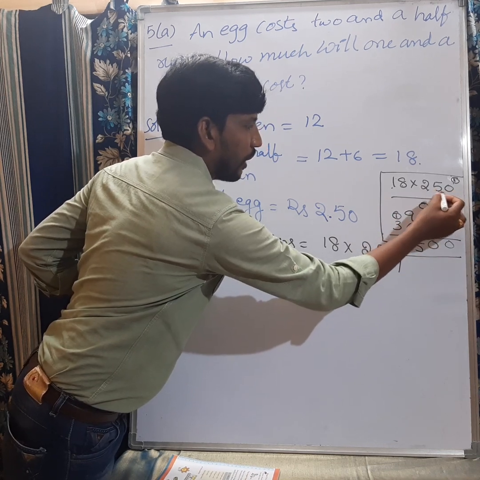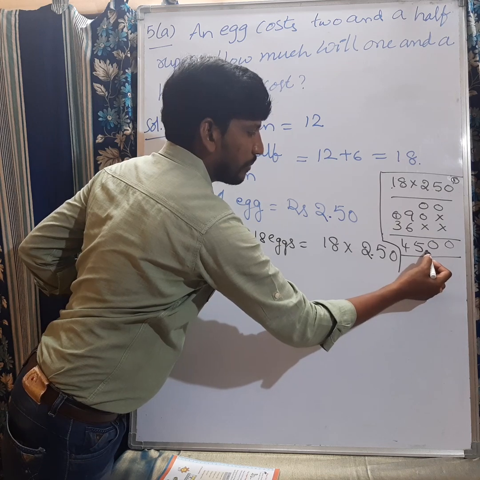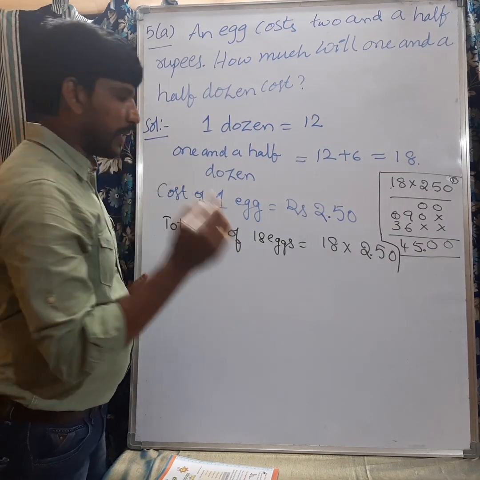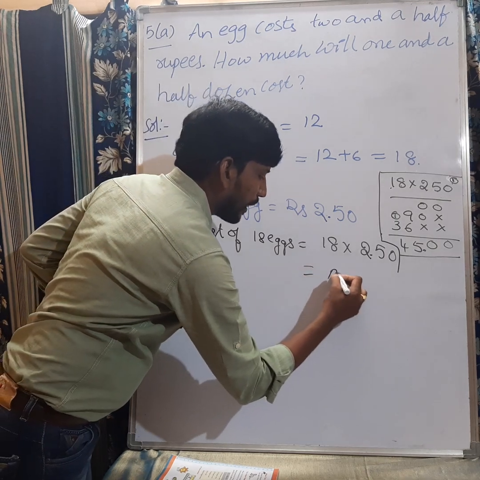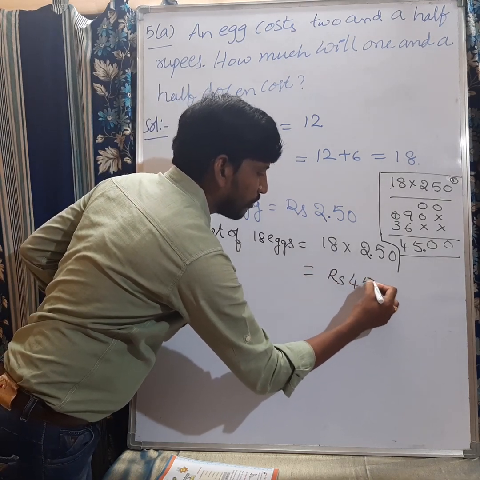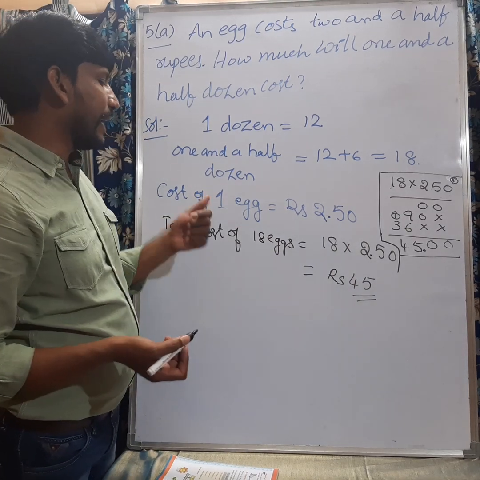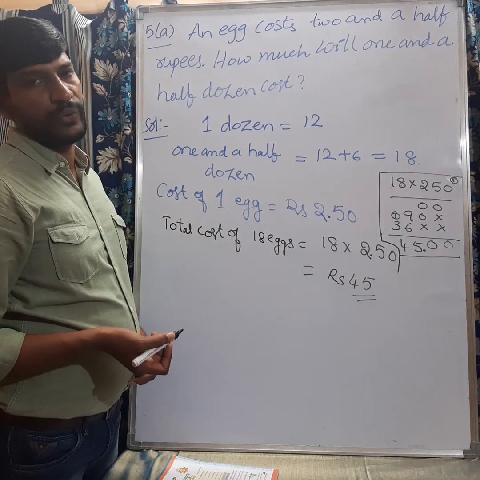Here after two values you have the decimal point, so keep the decimal point here. By multiplying 18 into 2 rupees 50 paisa, you will get rupees 45. So the total cost of 18 eggs is equal to rupees 45.